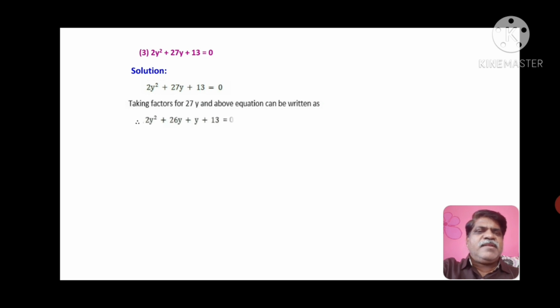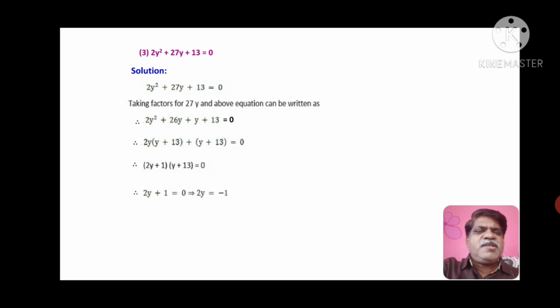So we will get the next step, 2y square plus 26y plus y plus 13 is equal to 0. In the first two terms, 2y is common, and what is left in the bracket is y plus 13. In the second, plus 1 is out, so y plus 13 in the second bracket. So y plus 13 we will take as common, and in another bracket you are getting 2y plus 1.